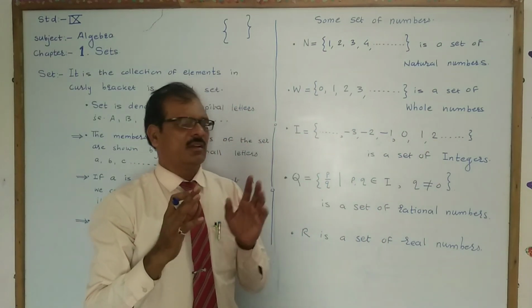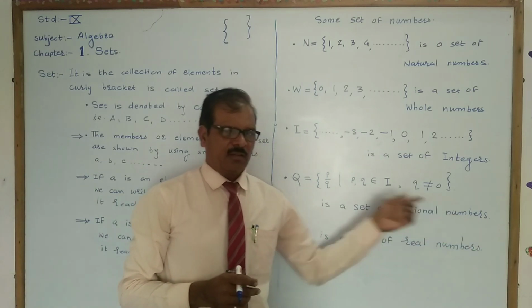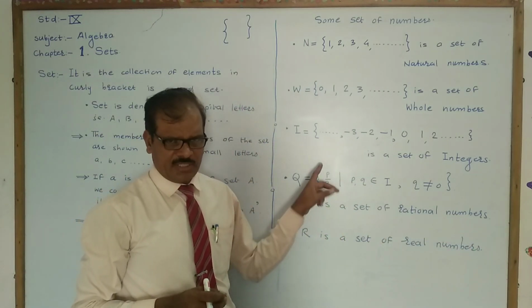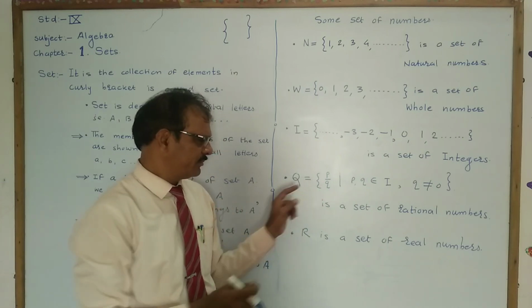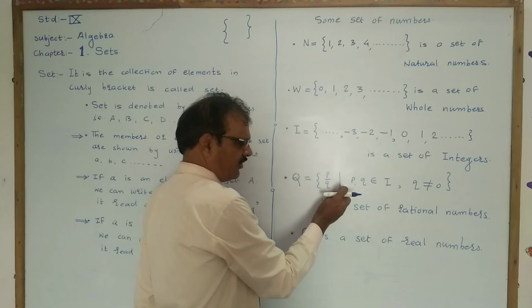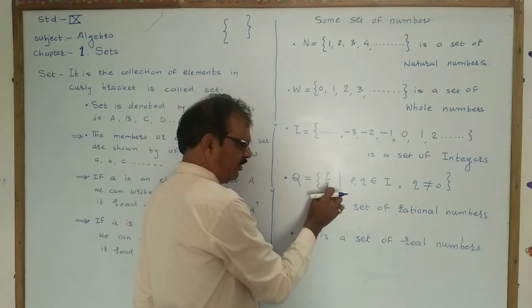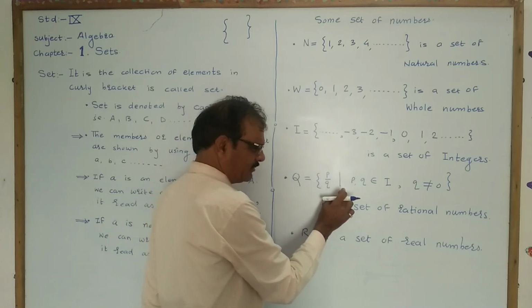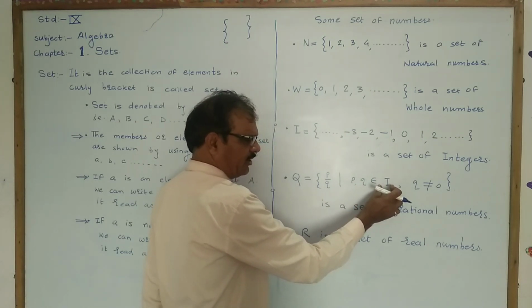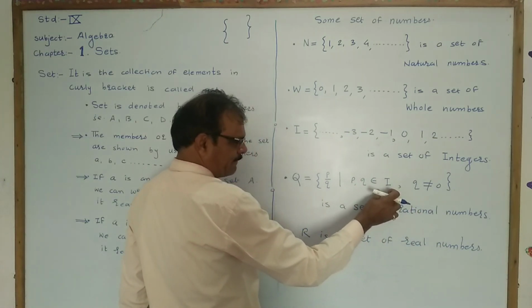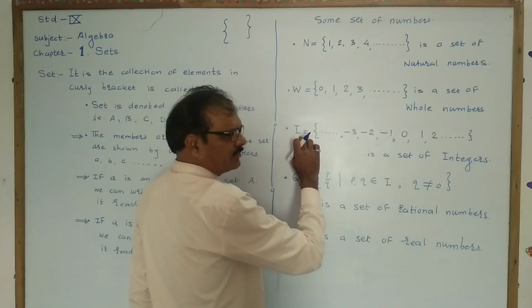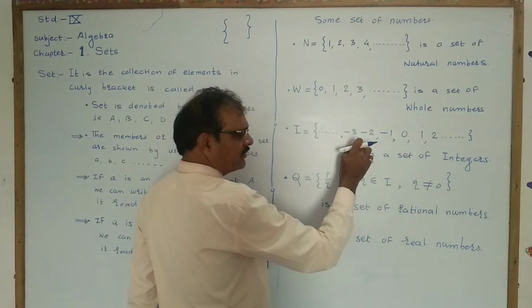Q is the set of rational numbers, written in numerator and denominator form, that is p by q form. This vertical line means 'such that': p by q such that p, q belong to the set of integers I. It means we can take the values of p and q from the integer set.